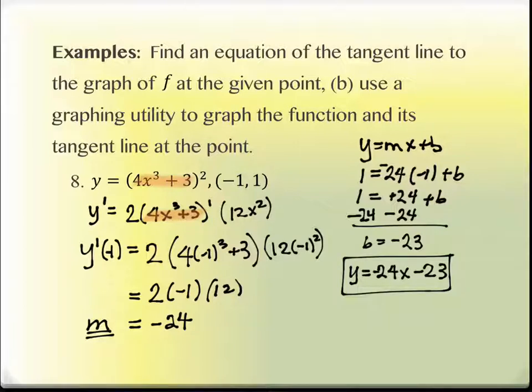We will grab our calculator really quick, and we're going to graph the line that we just found and the equation we were originally given at the beginning. I'll do it over here on this screen, because I've run out of space on the other one.